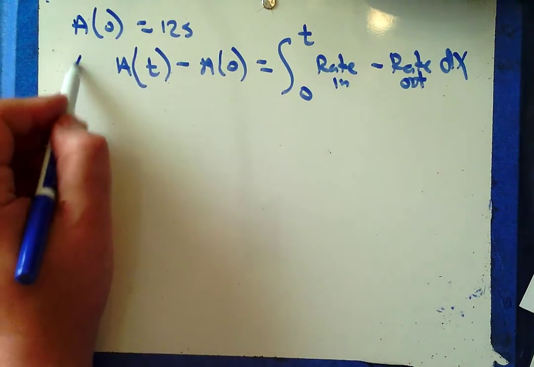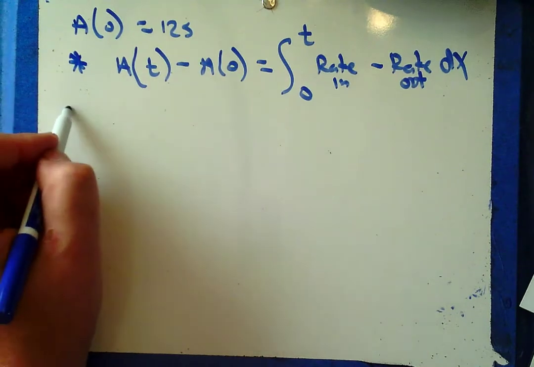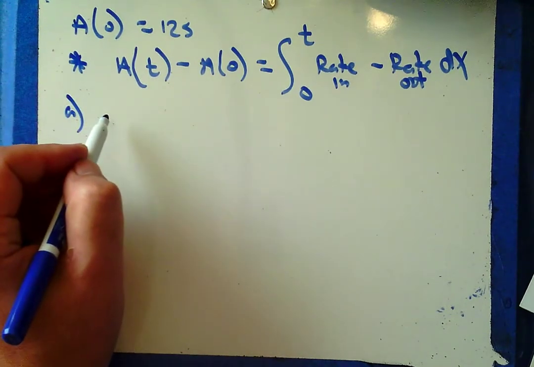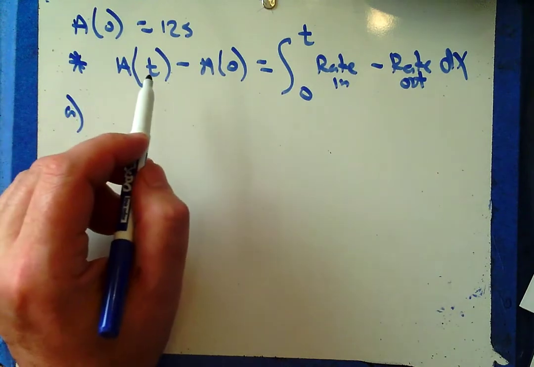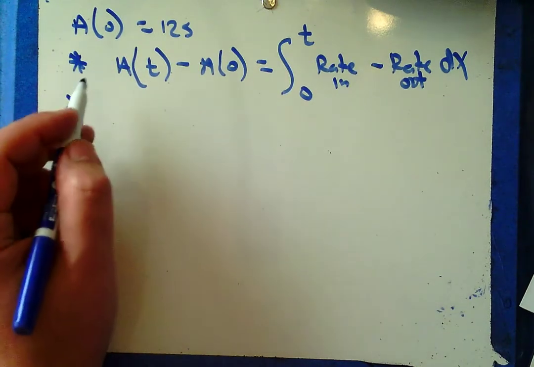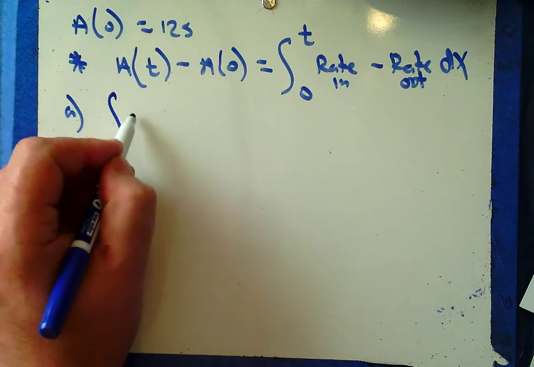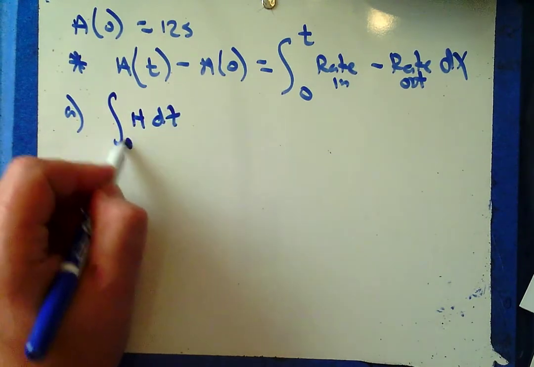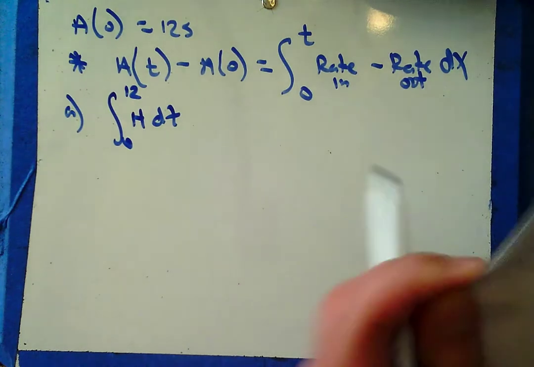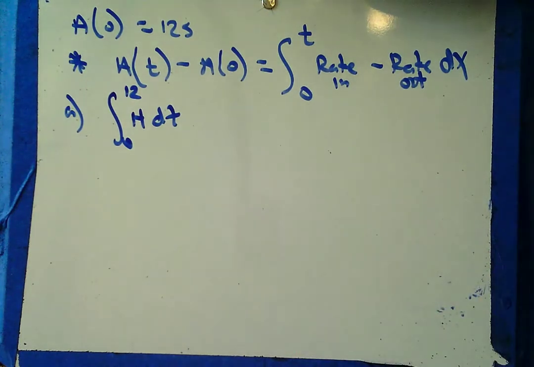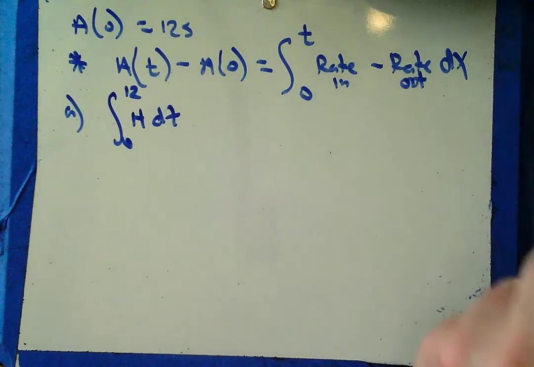But for that's going to be very common. But for part A, it just says how much heating oil was pumped into the tank on 0 to 12. Well, our rate in this problem is H. So if I integrate H from 0 to 12, I'll get the number of gallons that are pumped into the tank from 0 to 12.